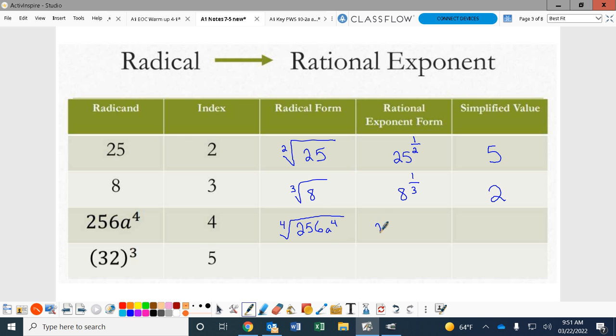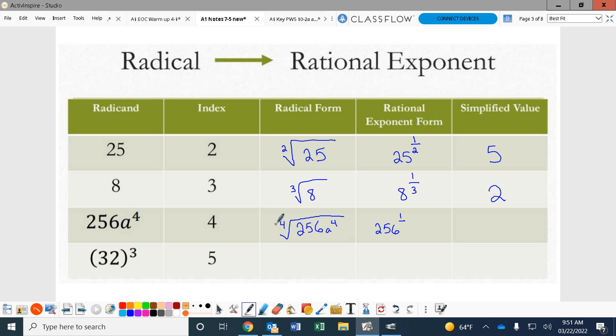So when we write this, it's going to be 256, and it's going to have a fraction. What is the power on the 256? What's written right here? Nothing, so it's going to be 1. That is correct. There is no power there. When there's no power, it's assumed to be a 1. Just like every variable has a power of 1, every number has a power of 1, unless there's another power there.